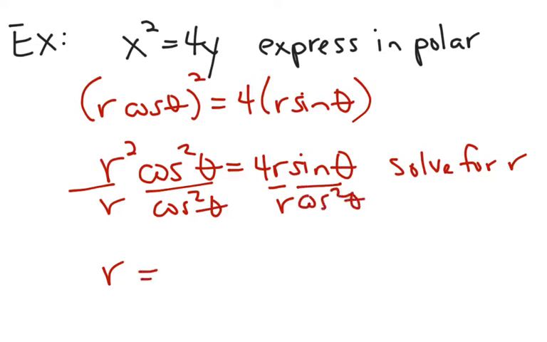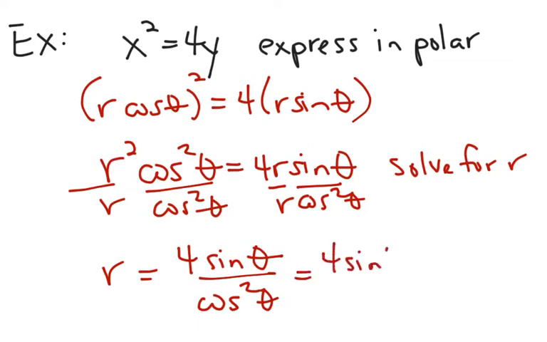So on the right-hand side, I'm going to get 4 sine theta over cosine squared theta. I can probably leave the problem like this, but we don't usually leave trig functions in the denominator of a fraction.